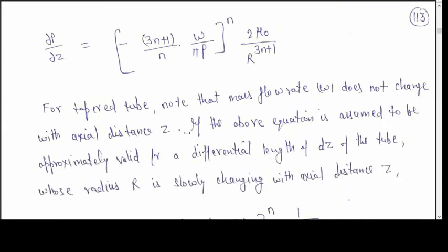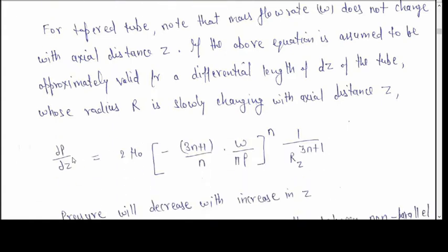Now we see here for the tapered tube also the mass flow rate doesn't change, therefore we have considered mass flow rate. So our approximation is valid for a differential length of tube whose radius is slowly changing with axial distance z. Your del P upon del z term would be given by this particular expression.